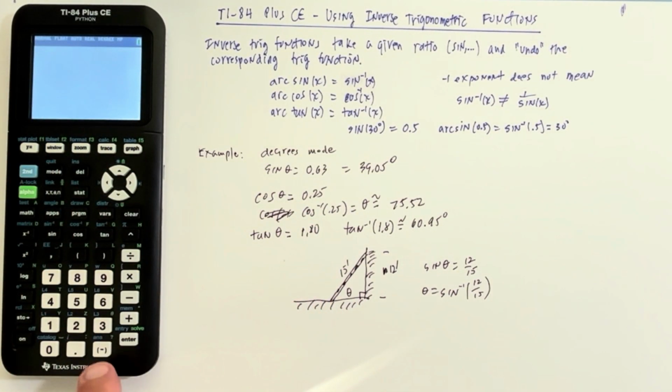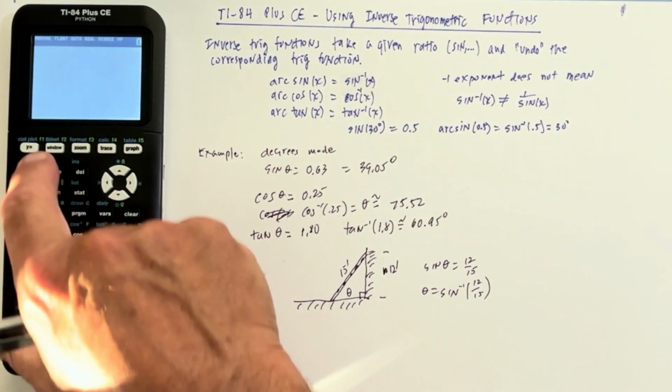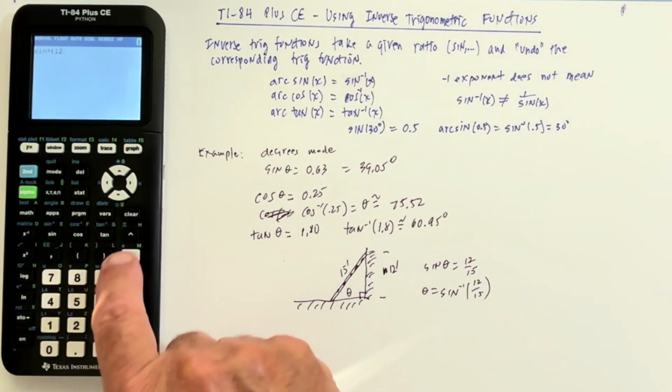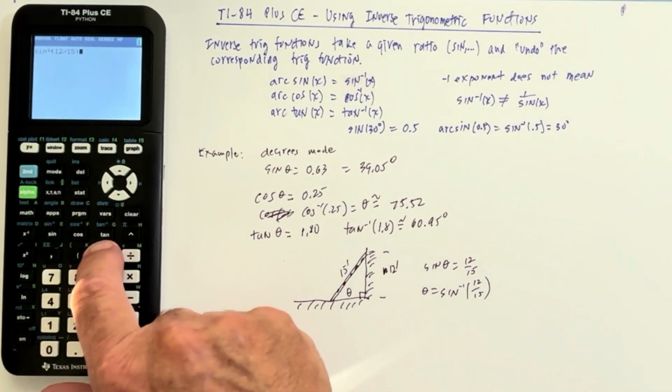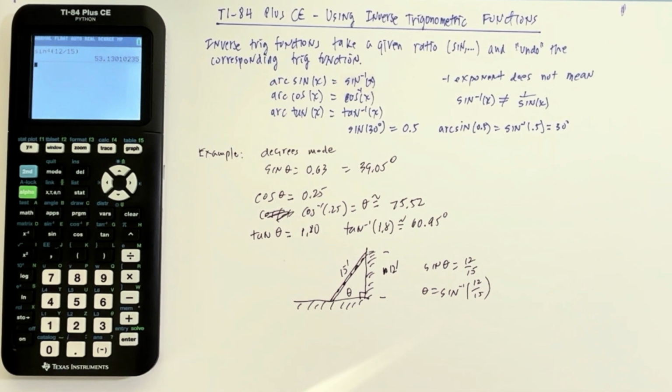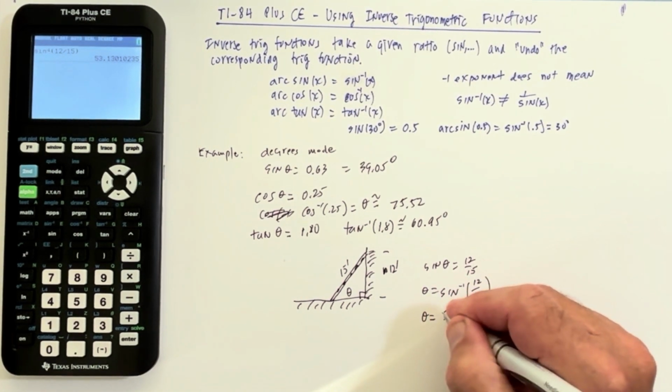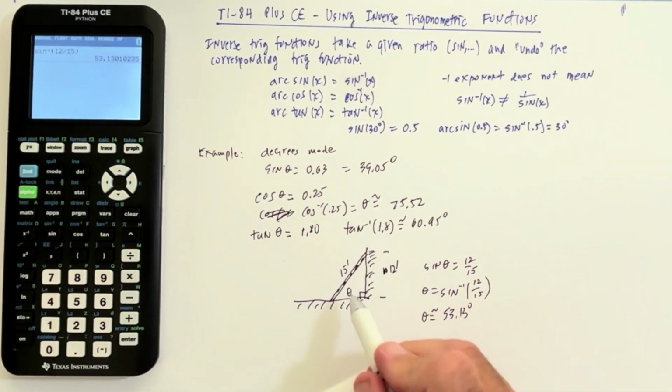Clear it. And we're going to press second, sine inverse, 12 divided by 15, close the parentheses, enter. So theta is equal to 53.13 degrees. So that's the angle that the ladder is leaning against the wall.